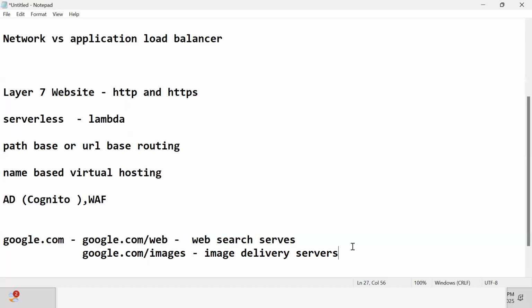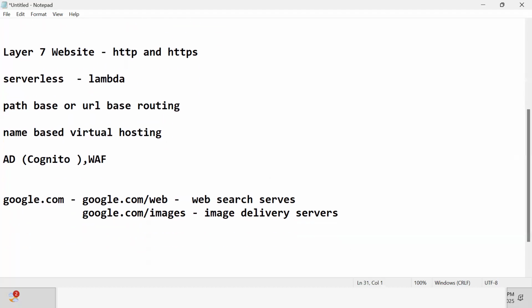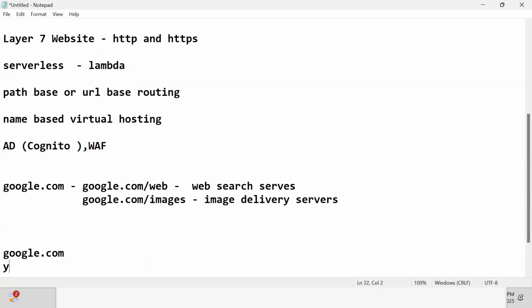And name-based virtual hosting is nothing but having two domains. That means if it is google.com, I want to redirect to my web servers. If it is youtube.com, I want to redirect to maybe video streaming. So the meaning of name-based virtual hosting is I don't have a single domain.